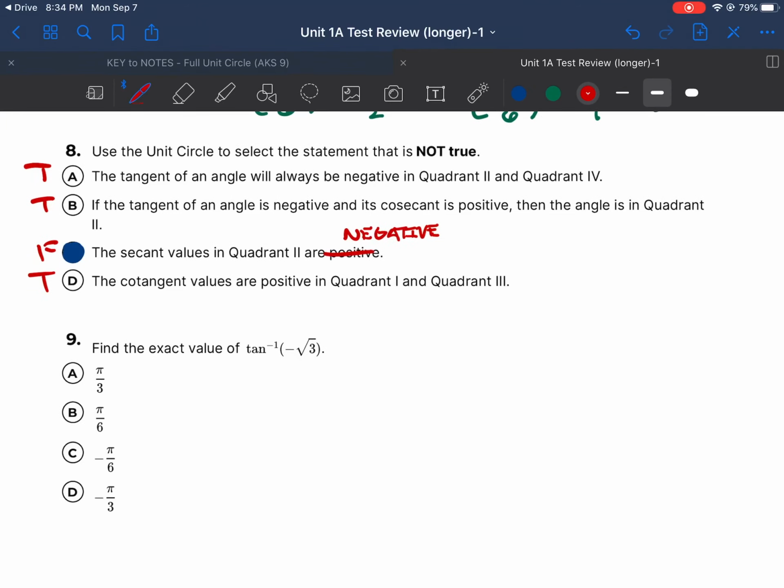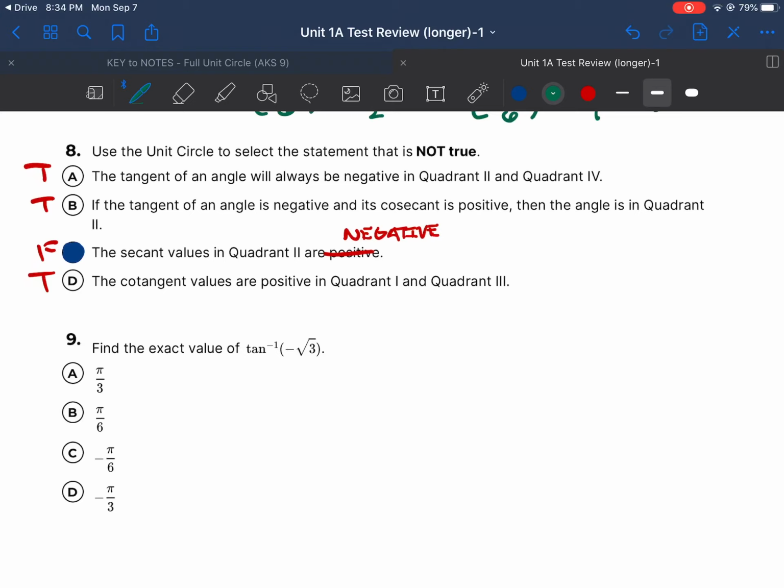Okay. Looking at problem number 9 next. We want to find the exact value of the inverse tangent of negative square root of 3. Well, let's think here. We are trying to find an inverse tangent, and we know that in order for tangent to have an inverse, it must be restricted on the domain negative pi over 2 to pi over 2.